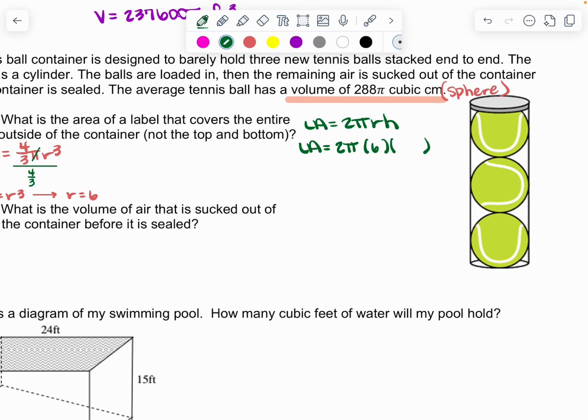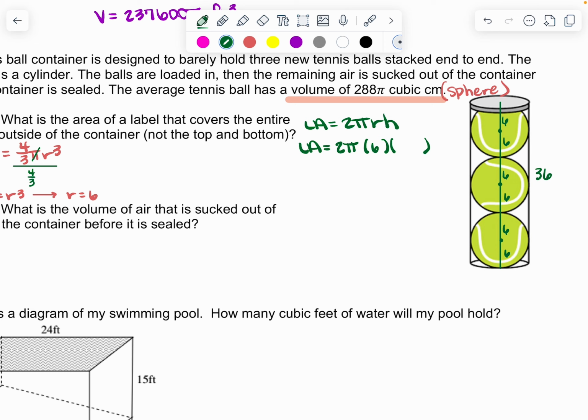We are assuming when we answer this question that the tennis balls go all the way from the top of the can to the bottom of the can, right? And so, of course, each one of these tennis balls has a radius of 6. So 6, 6, 6, 6, 6, 6.